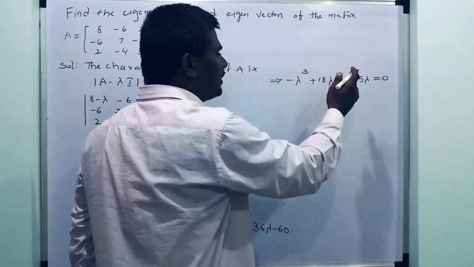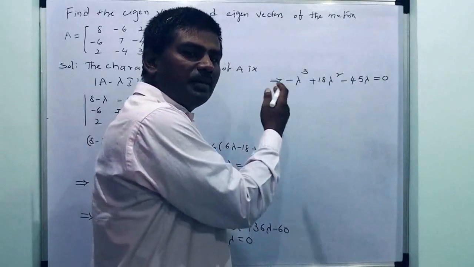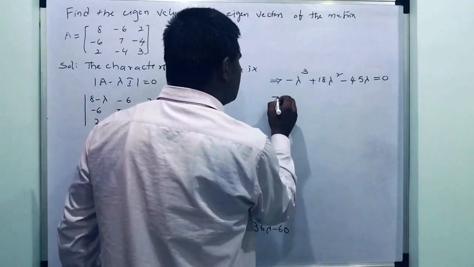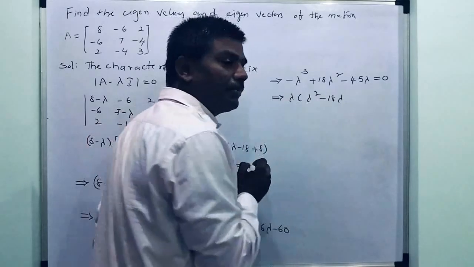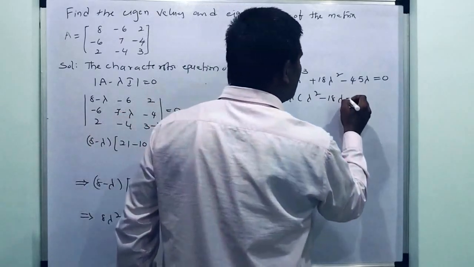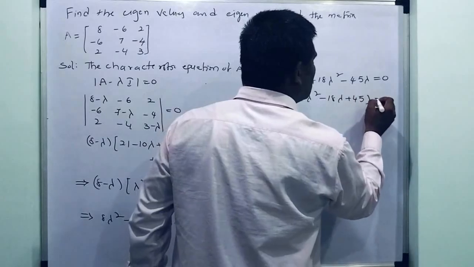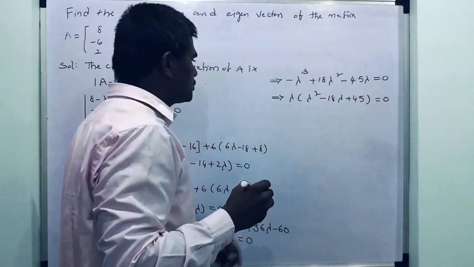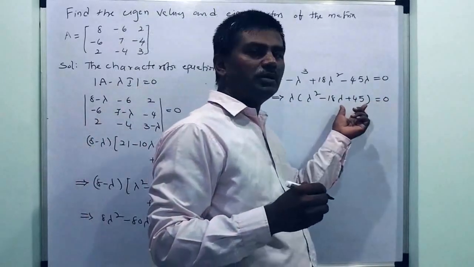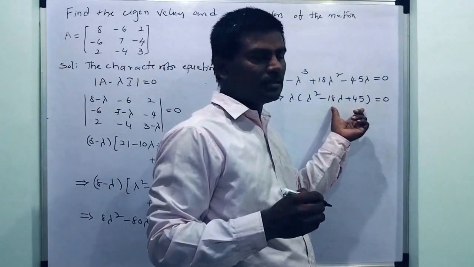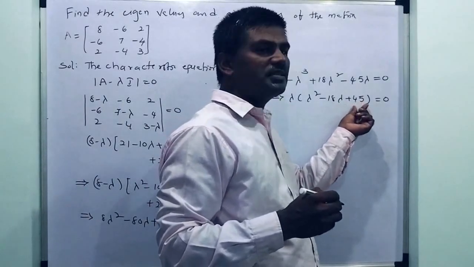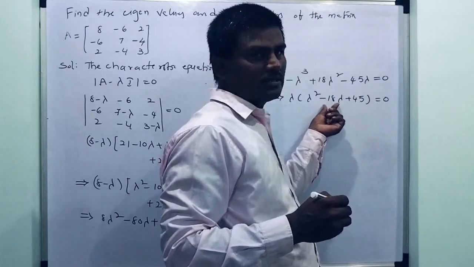I take out λ as common and multiply with minus also. Then this becomes λ into (λ² − 18λ + 45) = 0. So λ = 0, and you can split into factors as 3 15s are 45, 15 plus 3 is 18.